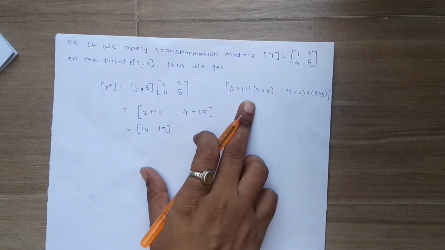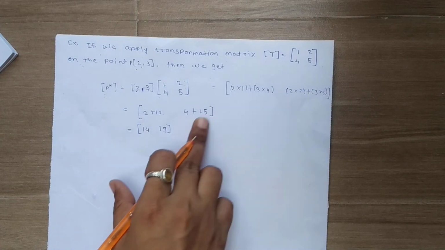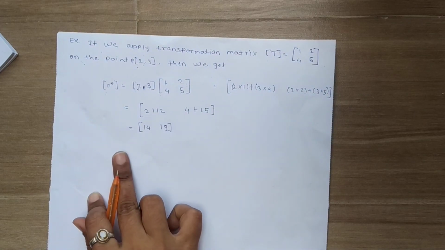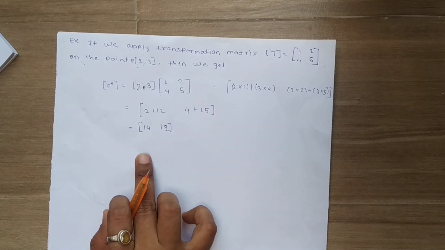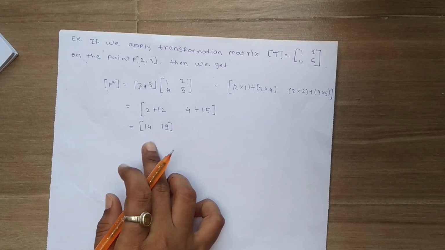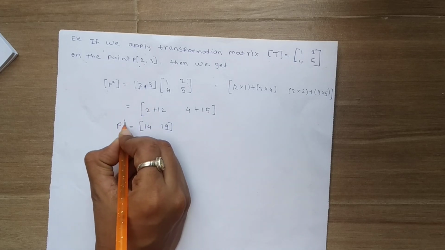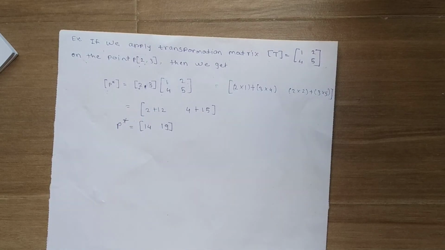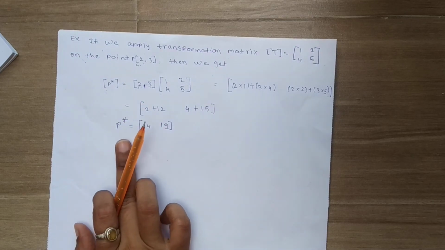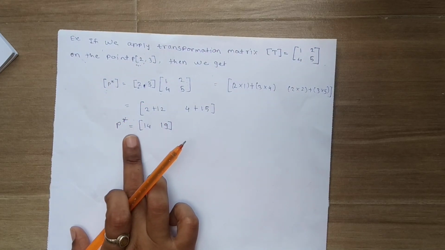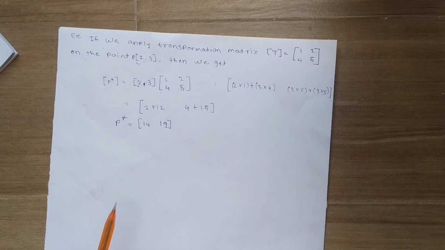So 2 plus 12, 4 plus 15, equals 14, 19. So this is P star. Now we see that point P is transformed to point P star by the transformation T. This is the transformation of a point.